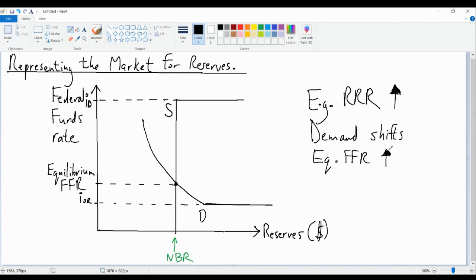Or similarly, what if there was a giant pandemic that's disrupting supply chains and causing an economic crunch? You could do the opposite, right? You could lower the required reserve ratio, which might free up more funds for the banks to lend, thus trying to stimulate the economy.